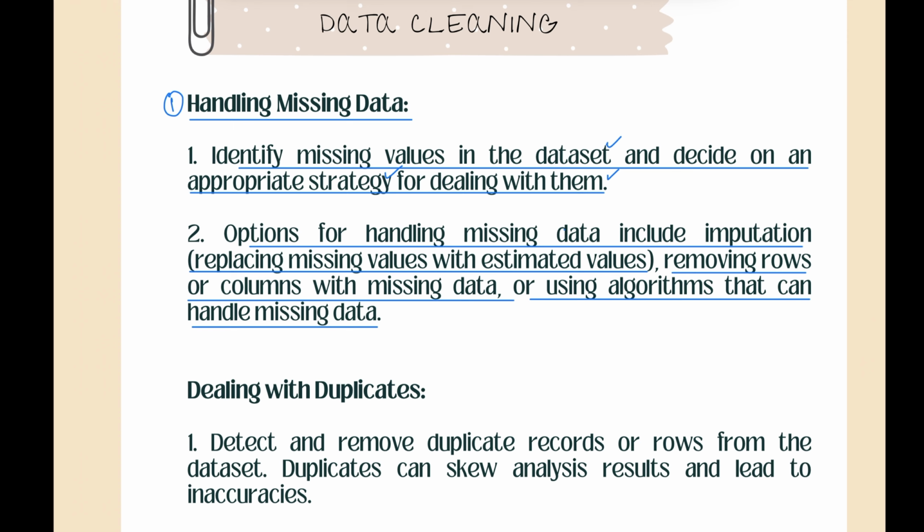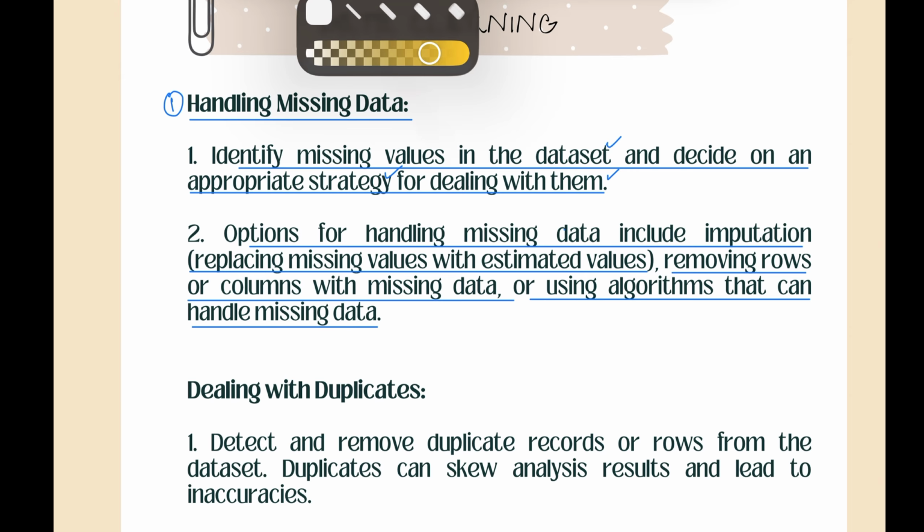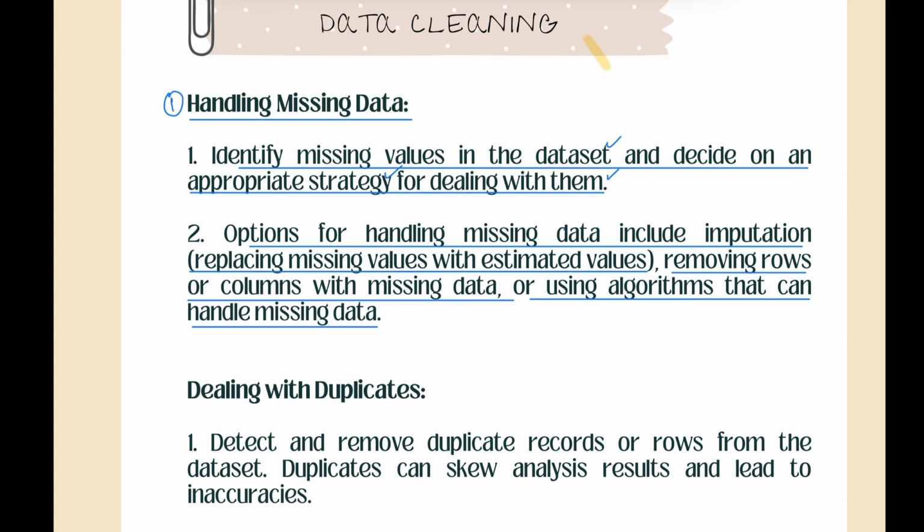First one is imputation. Imputation means replacing the missing value with an estimated value. You estimate the values. Another one is removing the rows or columns with the missing data. Remove all the rows and columns with that missing data.